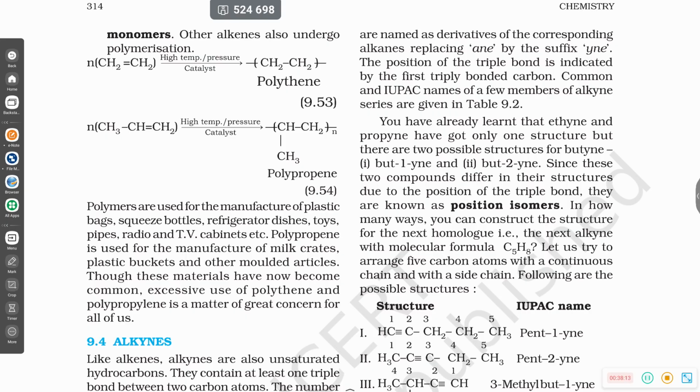Ring chain isomerism or not? Propyne will show ring chain isomerism or not? Question. Then what is it? Tell me. Propyne, show ring chain isomerism.